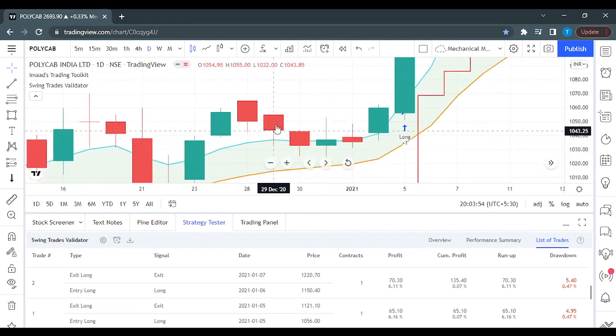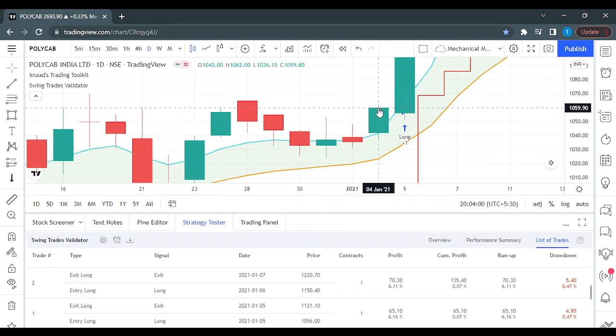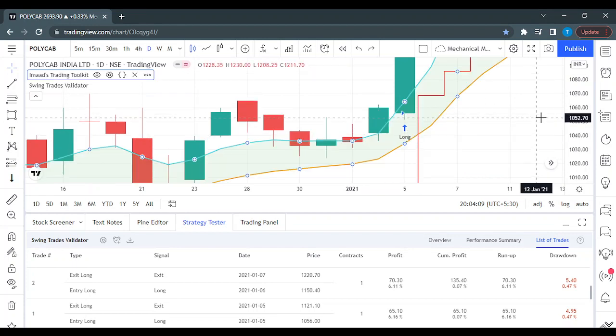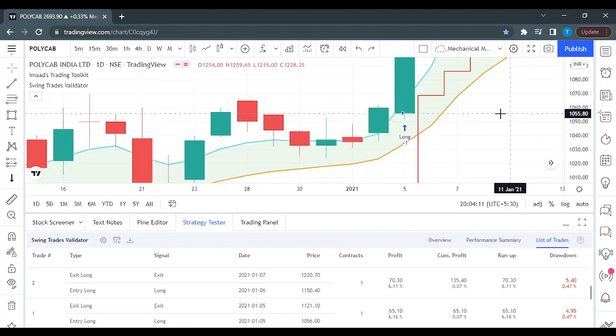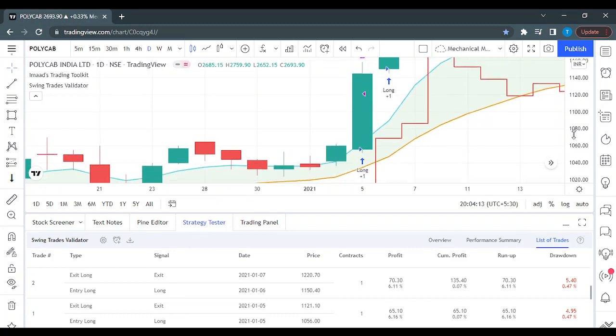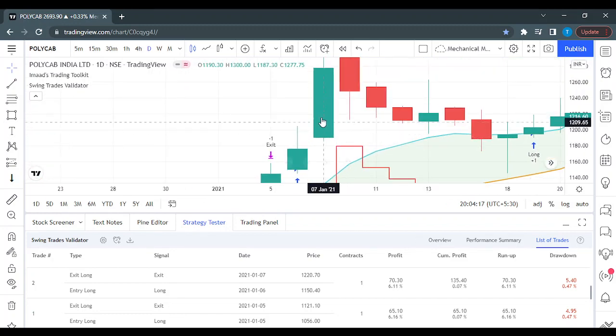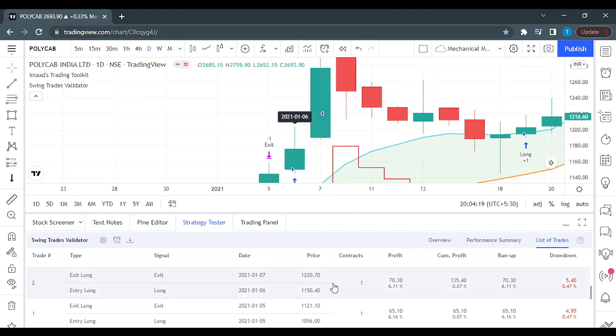This was the swing low, and any close above this high was my pullback failure point, and immediately the next day I would have entered at the open, and within the same day itself I would have achieved the 6%. Now I would have got another entry, I would have taken this, and I would have achieved the 6%.